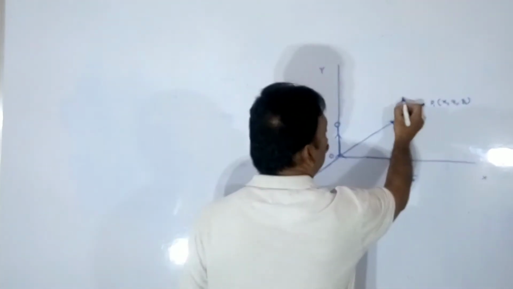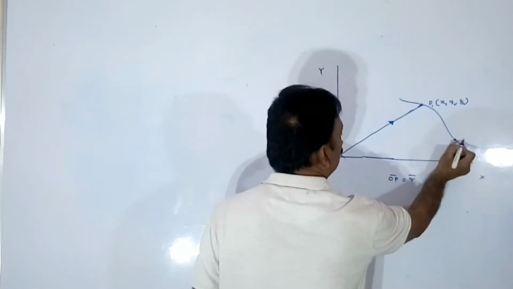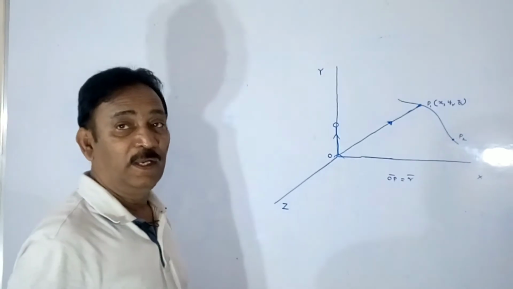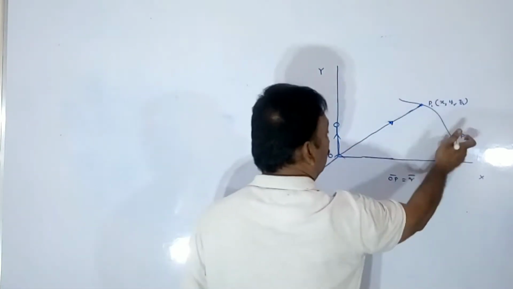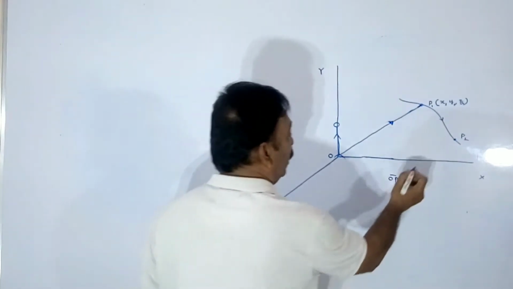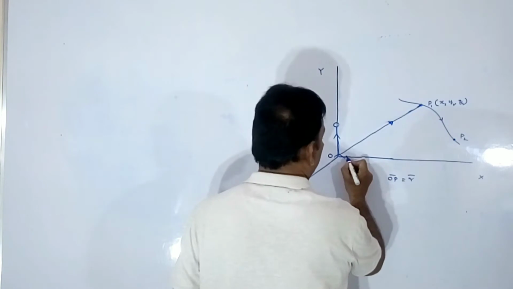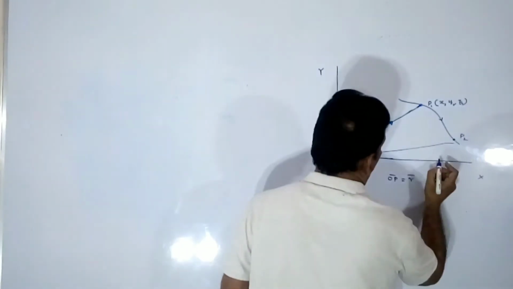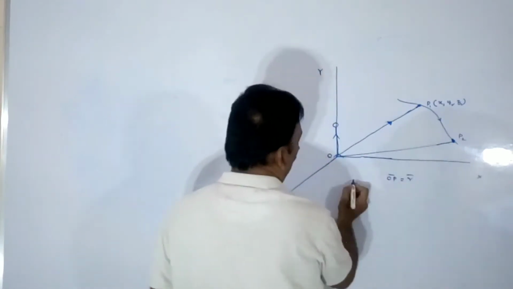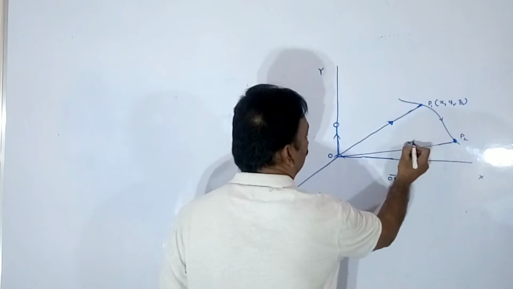Let's say this particle started moving from P1 and managed to reach the position P2. Okay, here is the path traced by this particle. Now I am joining this point to the origin. Okay, it has been drawn. I am representing it as the position vector R2.